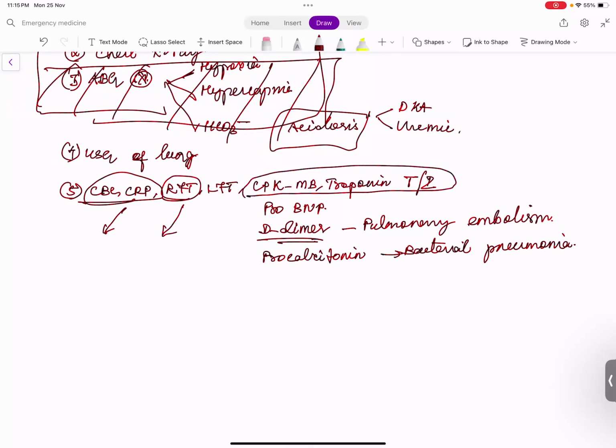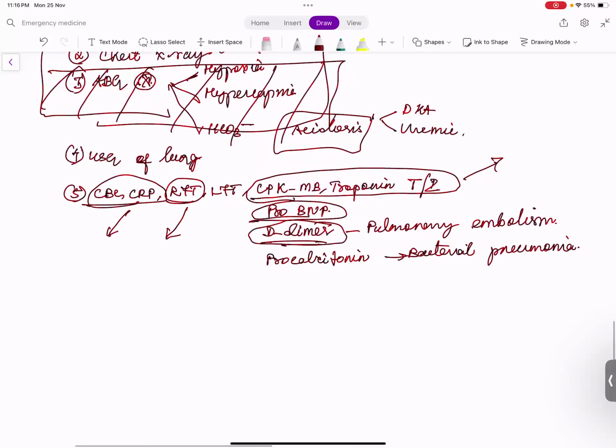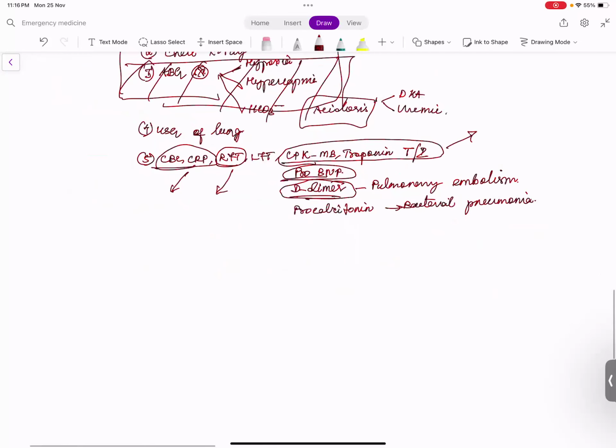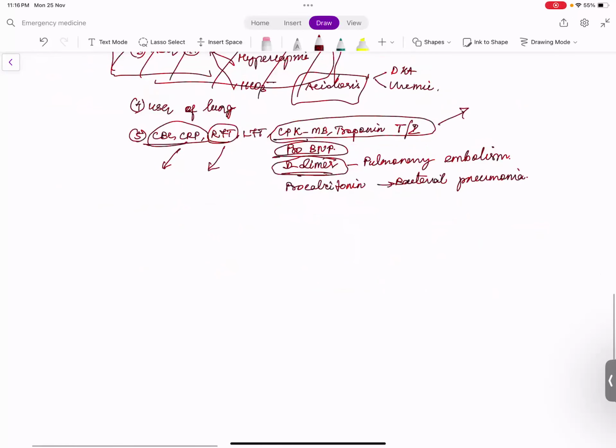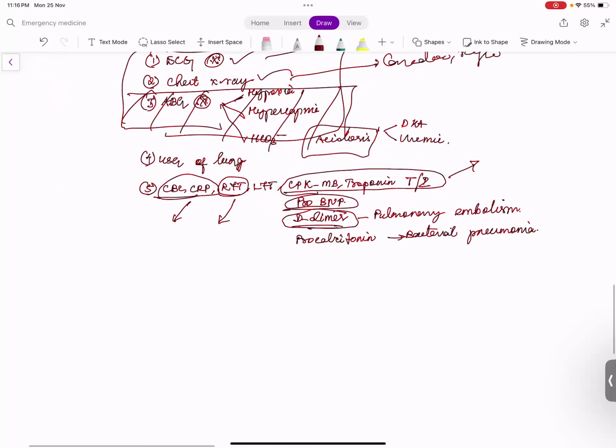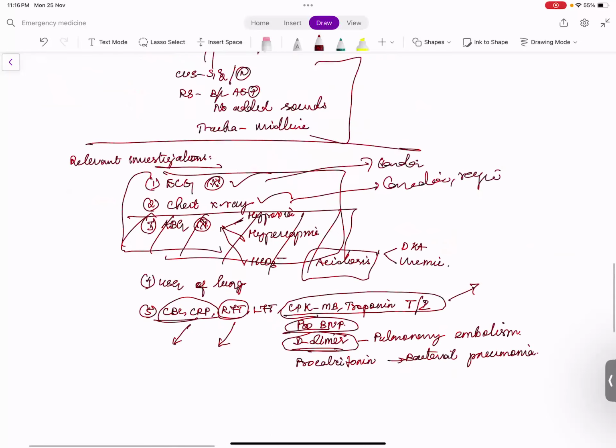CPK-MB and troponin T or troponin I can identify myocardial infarction as a cause of breathing difficulty. ProBNP can identify heart failure. D-dimer can identify pulmonary embolism. So these are very important investigations which you will send. When they're pricking in the first prick, you can send all these things at the same time. So this finishes the assessment and the investigations.